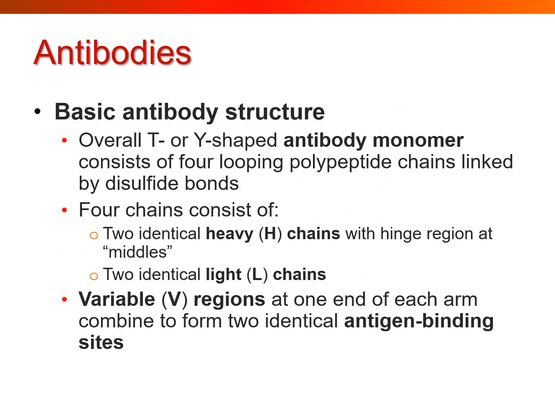Now, when we draw these antibodies out, you'll see them drawn either as a Y-shaped structure or sometimes a T-shaped structure, but the bottom line is that they have a stem, and off that stem up at the top there are 2 branches. It depends on the type of antibody and how it gets drawn, whether those branches look more like a T or more like a Y. But we would call this overall Y-shaped structure the antibody monomer.